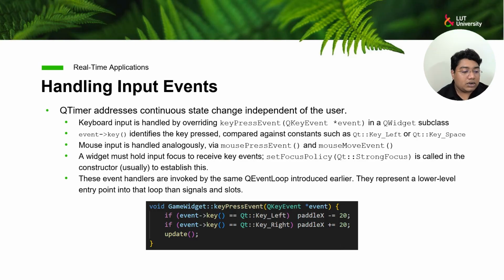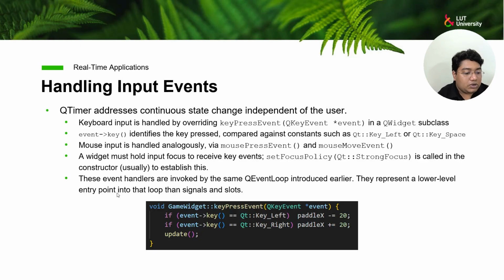Mouse input works in exactly the same way. Qt provides functions such as mousePressEvent and mouseMoveEvent. A widget only receives keyboard events if it currently has keyboard focus. That's why you will often see this line inside the constructor, which is setFocusPolicy.